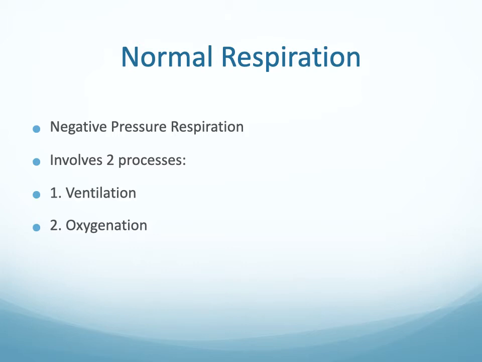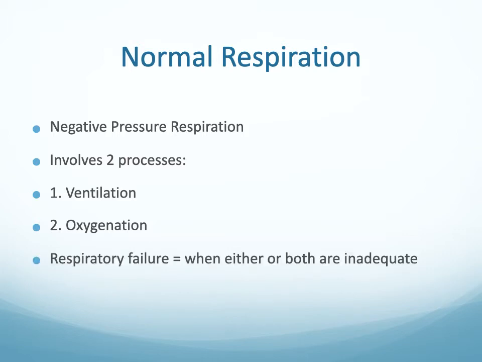Oxygenation is movement of oxygen from your alveoli into the pulmonary capillaries, and that's dependent on the health of the alveoli. It's dependent on the surface area that is available to exchange gas, and also it's dependent on the preservation of that gas exchange barrier.